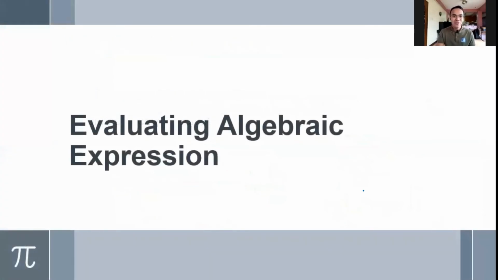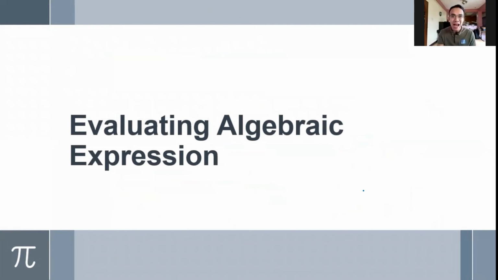Now, let's have evaluating algebraic expressions. If we check the dictionary, evaluation is about making judgment. That's also true in mathematics. We are also going to make judgment. But how?